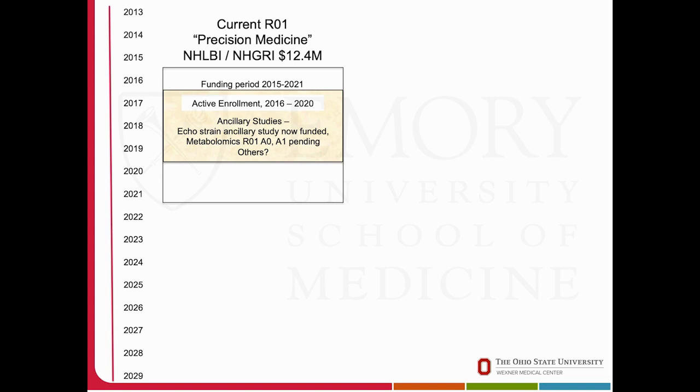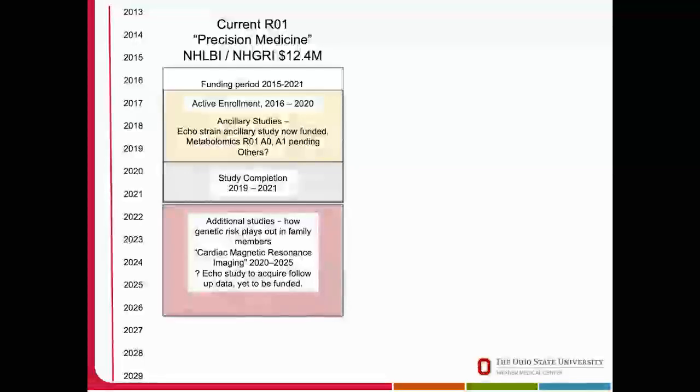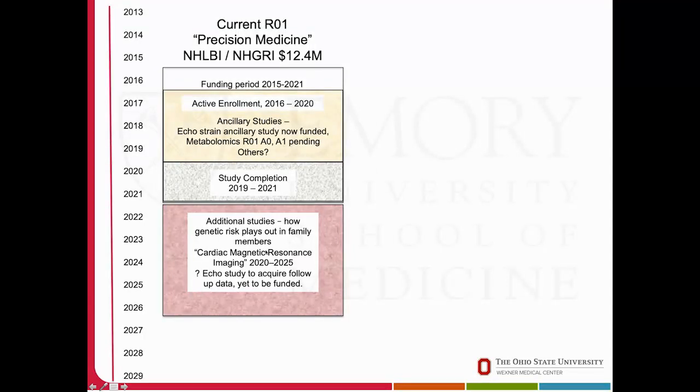So we need to complete the study, and then do additional studies of how genetic risk plays out in these family members. We don't have a follow-on echo study for repeat measures in the family members, which really ought to be funded.